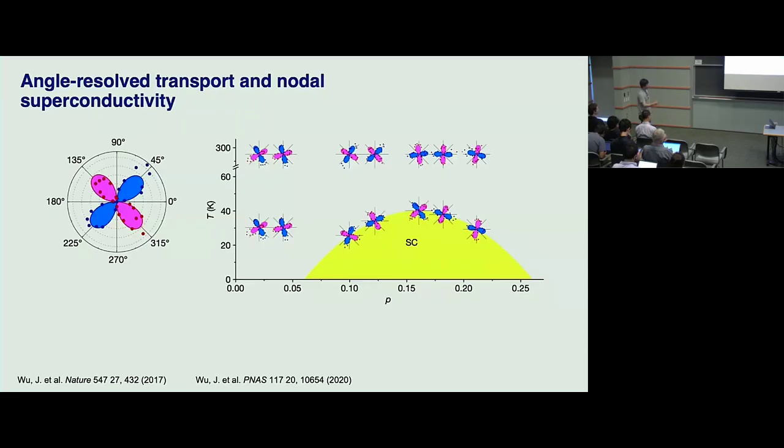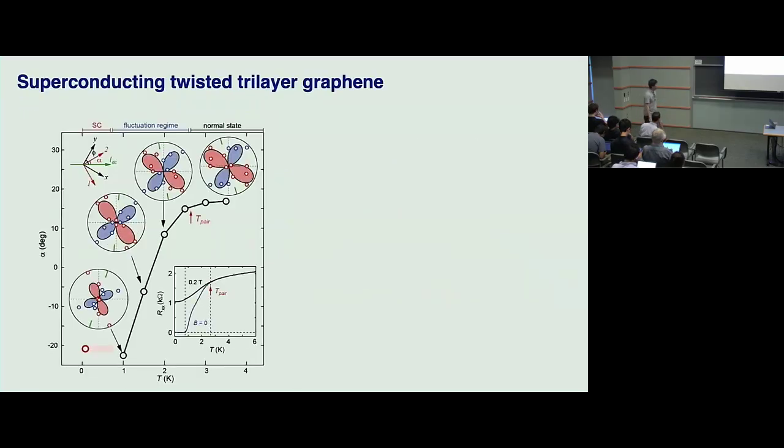Okay, so as a proof of principle, we did the same measurement. In twisted trilayer graphene, we're parked at the optimal doping of the superconducting phase in magic angle twisted trilayer graphene, and we start to do angle-dependent measurement starting from the normal state, and we cool down, right? This arrow marks the onset of a fluctuation regime, right?